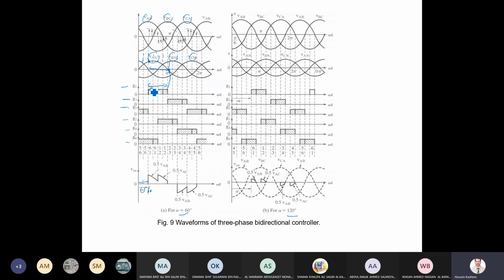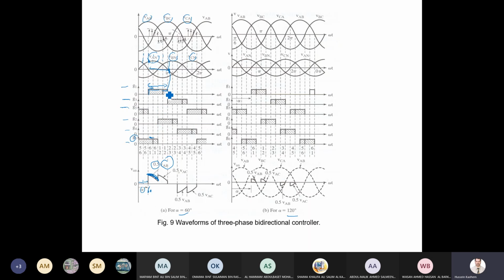At this point here, VA will conduct, and here G6, which is connected to phase B, will conduct. So the average will be VA plus VB over 2, which means VAB minus VAB over 2, meaning 0.5 VAB. So this part is 0.5 VAB.